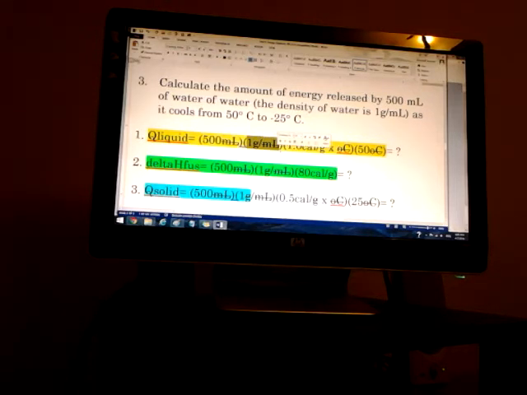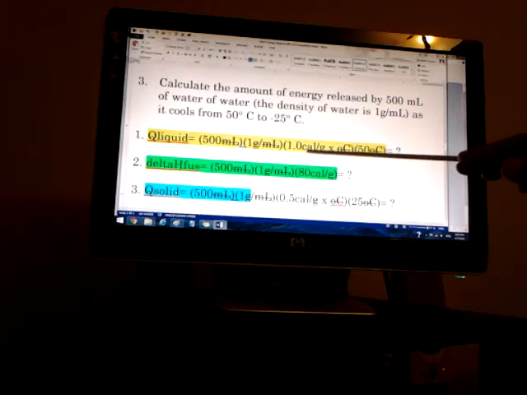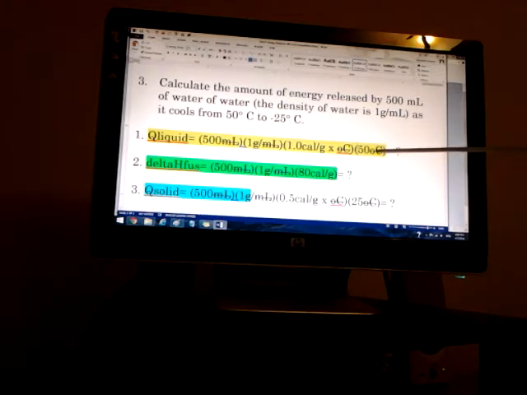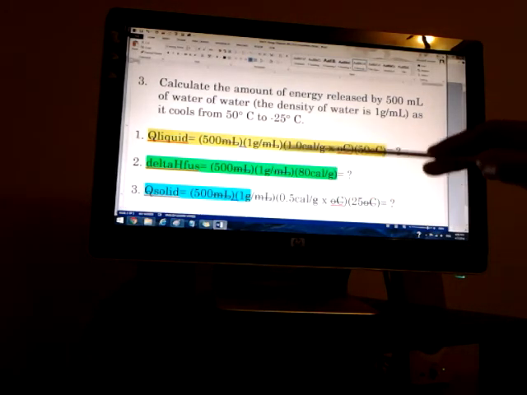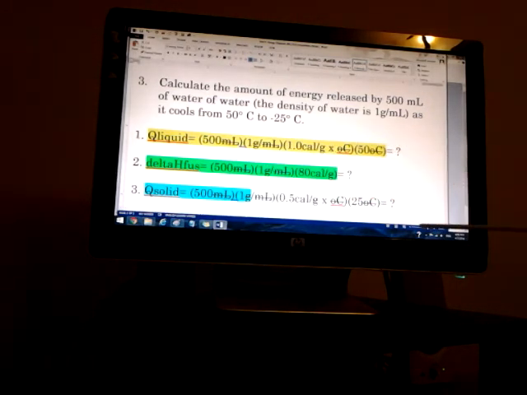The conversion is 1 gram per milliliter. And then C, which you can think of as the specific heat, 1 calorie per gram times temperature, and then you cancel temperature with the change in temperature, 50 degrees Celsius. All these cancel out, temperature, grams, milliliters, and you're left with calories. Who cares about what that is, but you're left with calories.